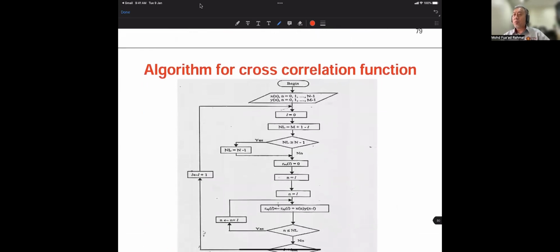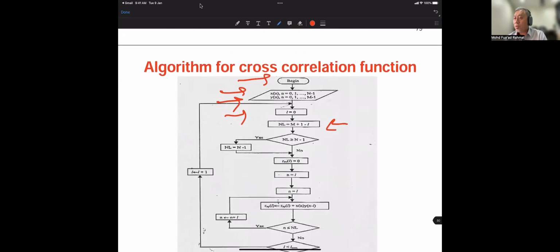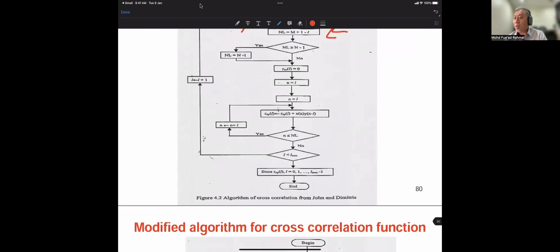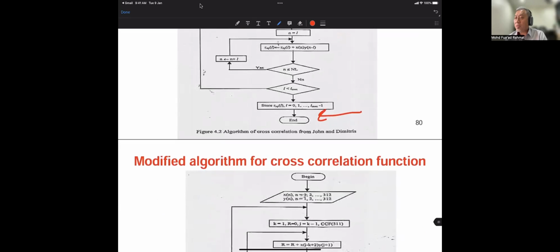In order to do that, we have an algorithm, a flow chart. We start here, collect the data, then assume L equal to 0, then shift it. Then we have a decision, yes or no, then we sum up, then average, and end here after we store the cross correlation coefficients.